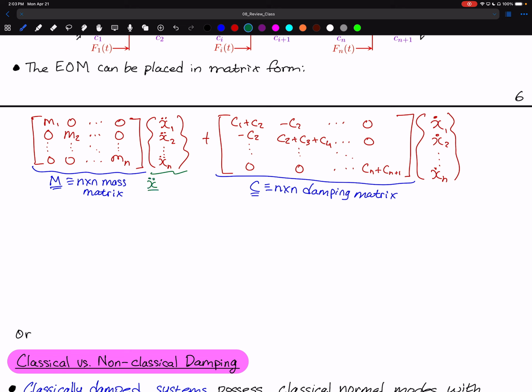X double dot here is our n by 1 acceleration matrix, or vector. And then x dot, n by 1 velocity vector.